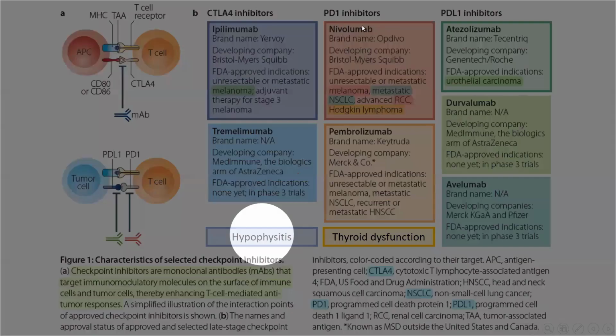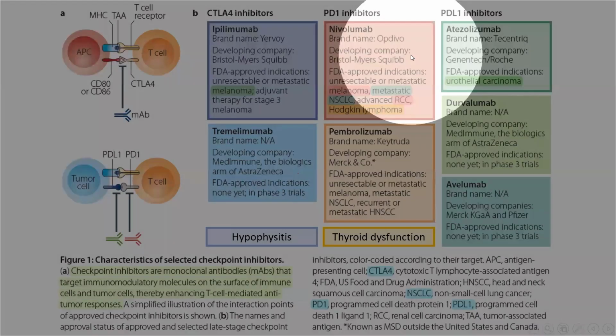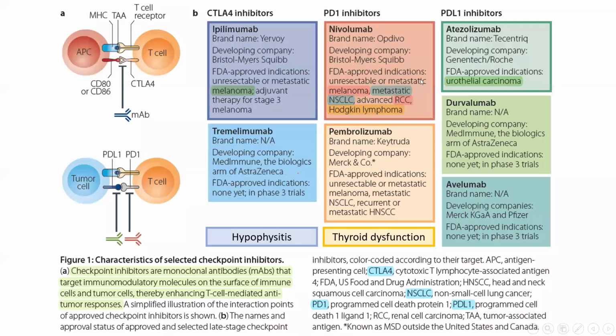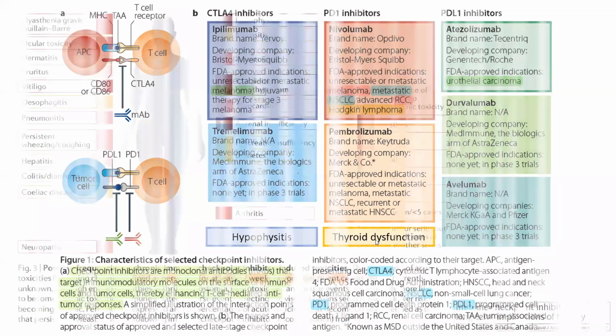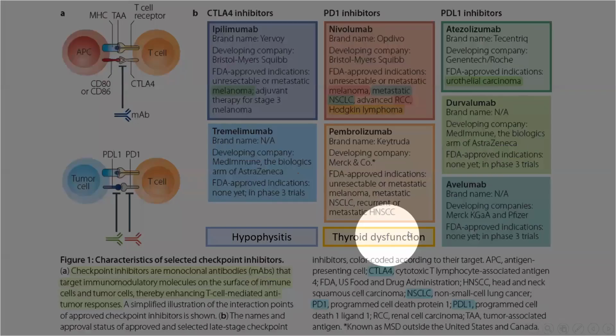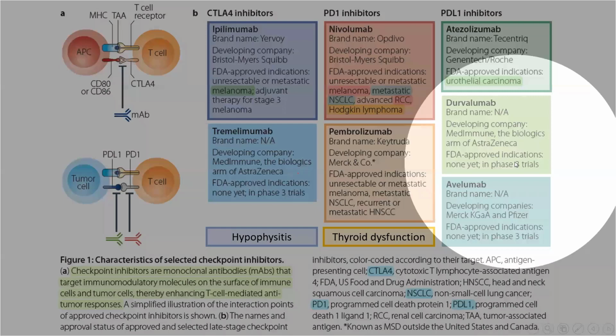And for a PD-1 inhibitor like nivolumab, which is used for metastatic non-small cell carcinoma, renal cell carcinoma, bladder carcinoma and Hodgkin lymphoma, the most common side effect is thyroid dysfunction. And for a PD-L1 inhibitor like adalimumab, which is used for management of solid tumors.